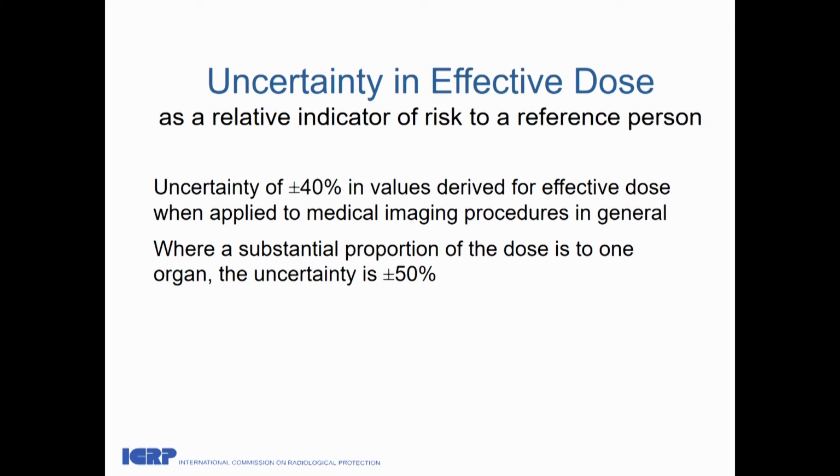So the uncertainty in effective dose is about plus or minus 40% in general, in values derived for effective dose when applied to nuclear or to medical imaging procedures in general. And where there's a substantial proportion of the dose just to one organ, then the uncertainty is greater, perhaps plus or minus 50%.